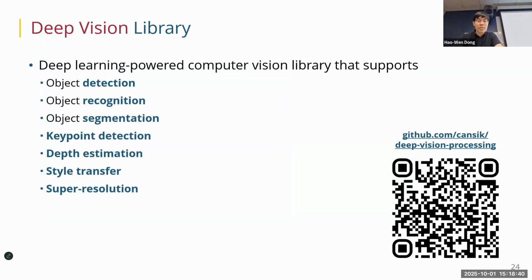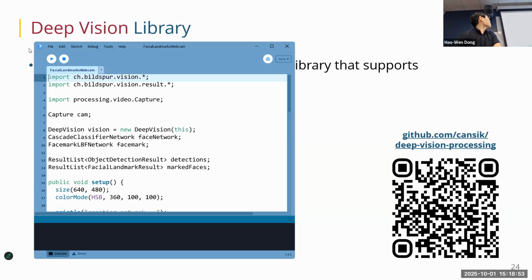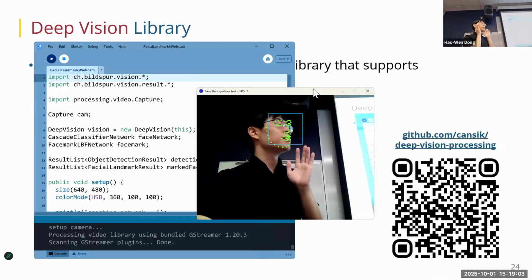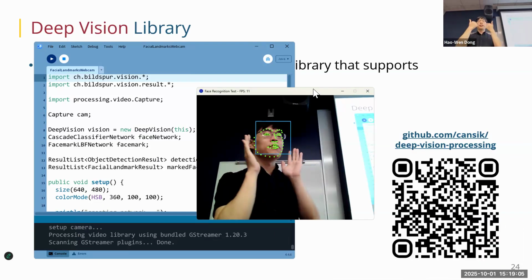There's something else. Let me see what else we have. Facial landmark. This is also interesting, where it can not only detect your face, but also the landmarks. So it will have markers on your face. So you can determine the direction of your face and where the eyes are.